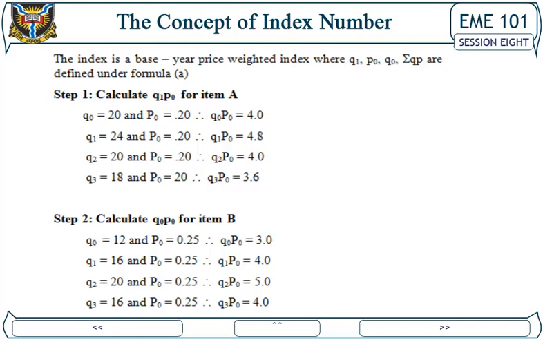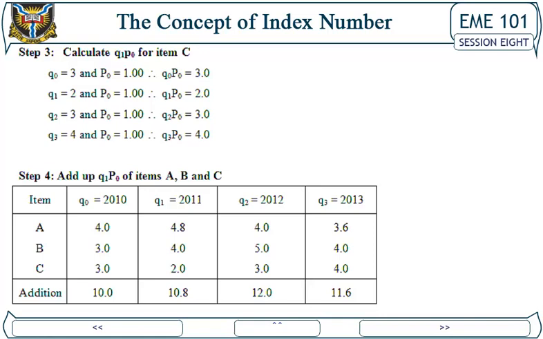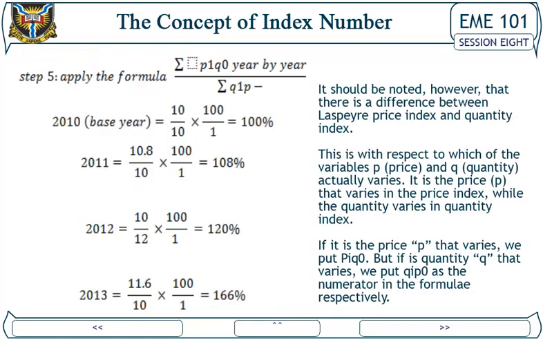2. Formula for Laspeyres quantity index is given. The index is a base year price weighted index where Q1, Q0, P0, QP are defined under formula 1. Examples are given below. It should be noted, however, that there is a difference between Laspeyres price index and quantity index.